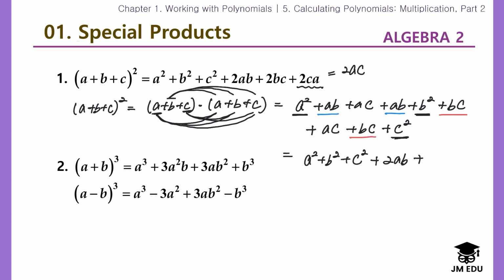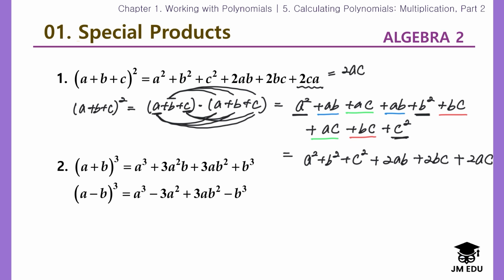So bc plus bc, that's going to be 2bc, right? Plus, and we have ac and 1ac. 1 plus 1, that's going to be 2ac, right? So a trinomial square is always a squared plus b squared plus c squared plus 2 times ab plus 2 times bc, 2 times ac.